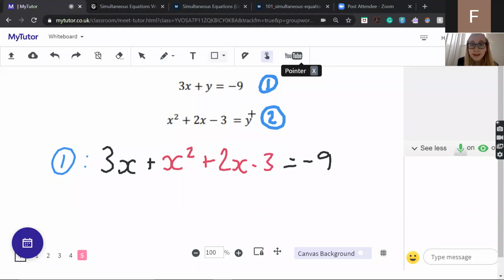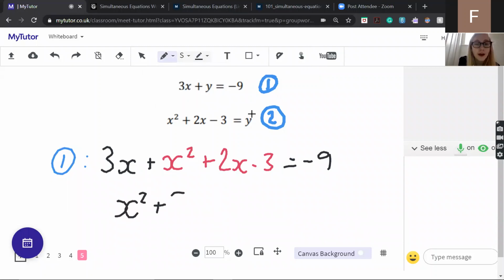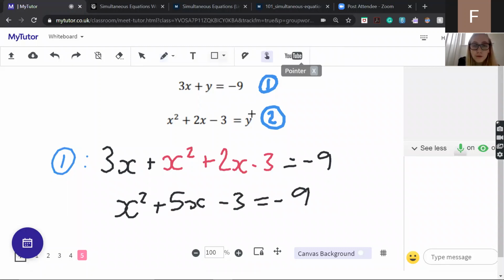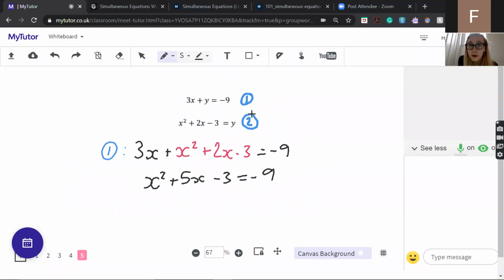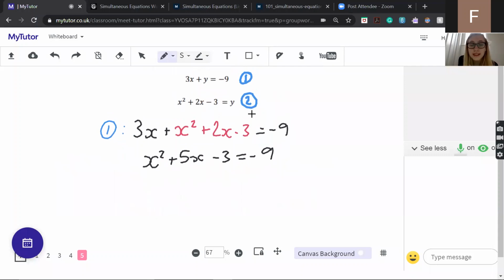So now we can make this into an equation that we're familiar with solving. I'm going to combine the x's. x squared plus 5x minus 3 equals minus 9. So all I've done there is combine the 3x and the 2x. And then if you remember the lesson on solving quadratics, we're going to make it equal 0.